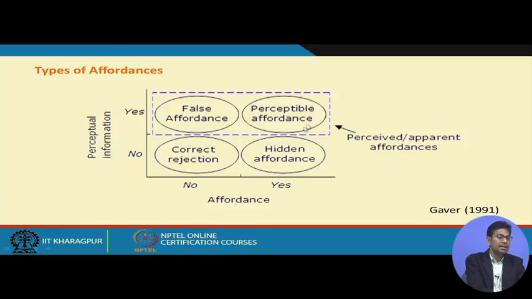And the ideal case is where you have perceptual information and you have affordance. So this is a perceptible affordance, or perceived or apparent affordance. So you should always go for a perceptual and available affordance situation and not encounter false affordance or hidden affordance.